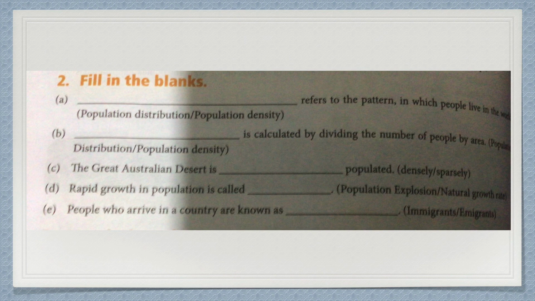And the answer is sparsely. D. Rapid growth in population is called, and the answer is population explosion. Number E. People who arrive in a country are known as immigrants.